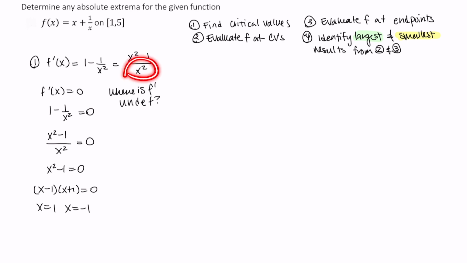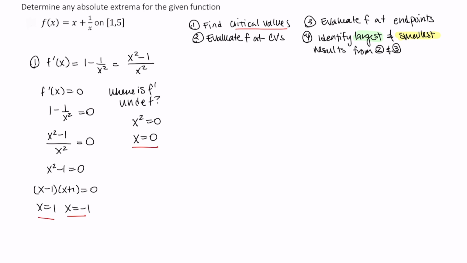That would occur when this denominator is equal to 0. That is whenever x squared is equal to 0, so x equals 0 is another critical value. All right, so what are the critical values? Well, looks like we have 3 of them, 1, negative 1, and 0.